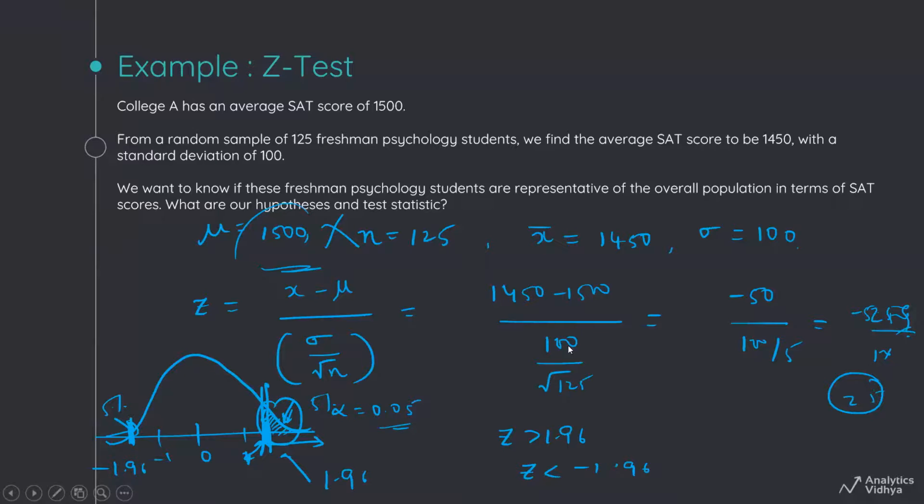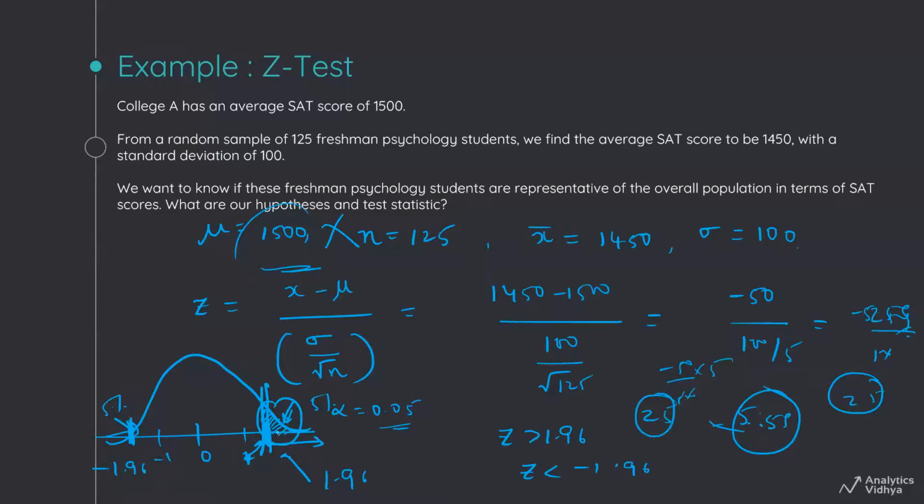All right. So the z score that we have calculated, just do the math here, minus 50 by 100 by 5, so the z score is 25 here in magnitude.